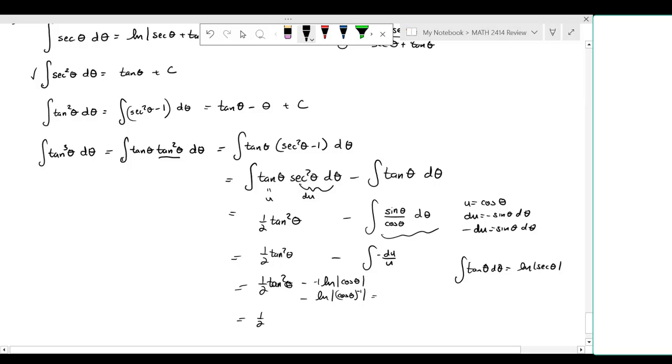So you can see the familiar antiderivative of tangent is a log of secant, up to a constant of integration.